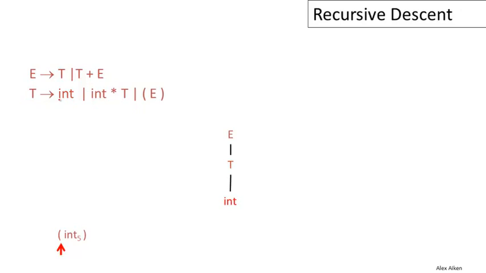And now we actually have something that we can check. We can check whether we're making progress. Observe that as long as we're generating non-terminals, we don't really know whether we're on the right track or not. We have no way to check whether the non-terminals that we're generating are going to produce the input string. But once we generate a terminal symbol, then we can compare that with the next input token to see if they're the same.